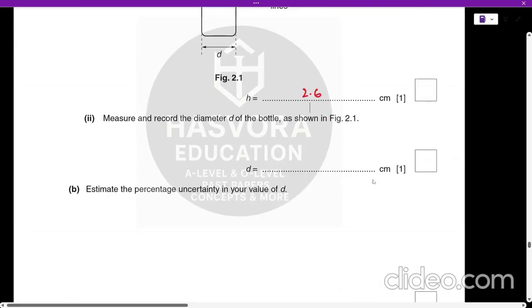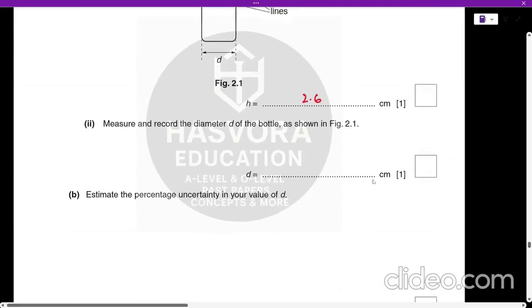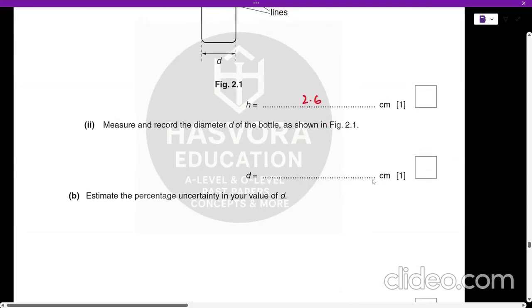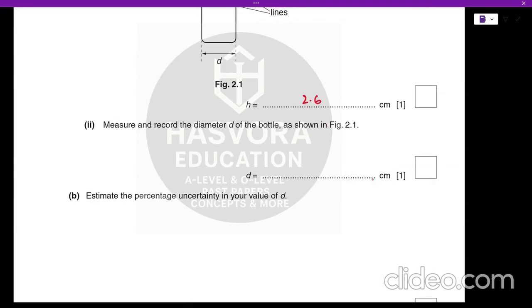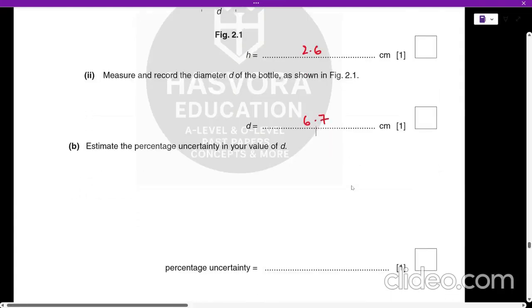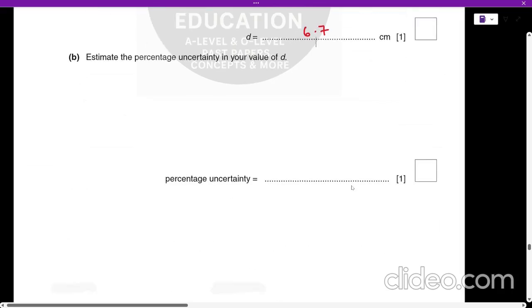Now in the second part, they are telling us to measure and record the diameter d of the bottle. So we are just going to measure the diameter with the scale. This is going to be the diameter. Let's assume it is 6.7 centimeters. Now they are telling us to estimate the percentage uncertainty in the value of d.